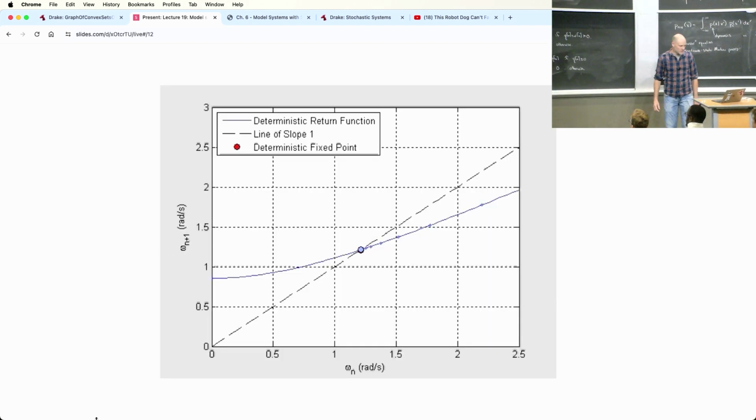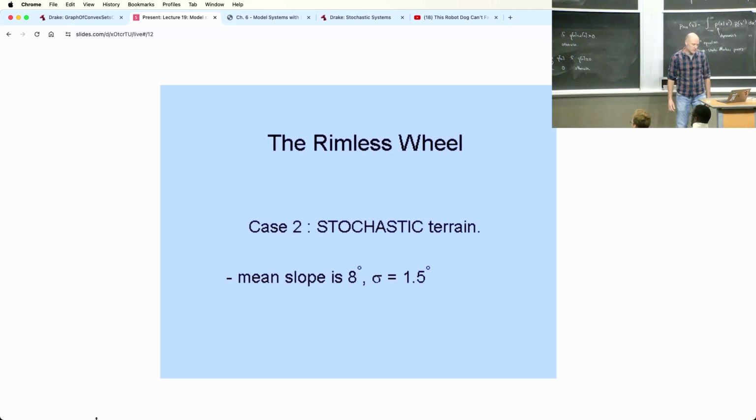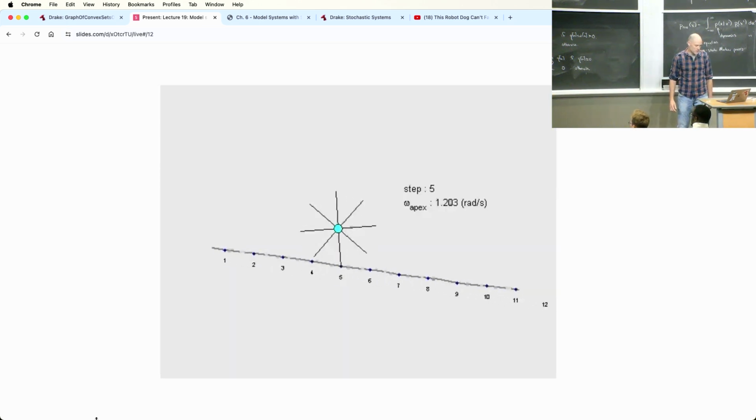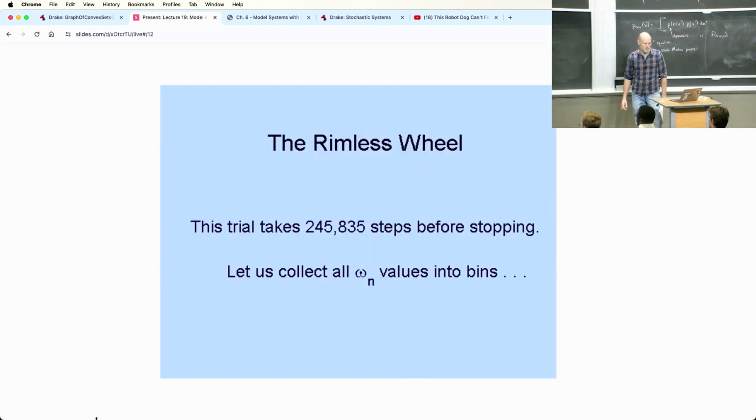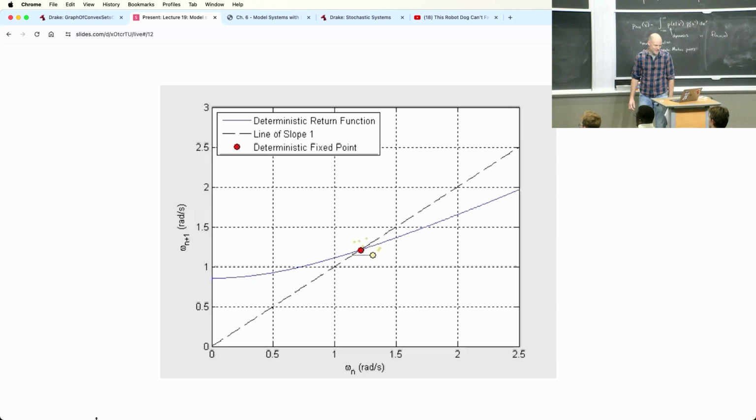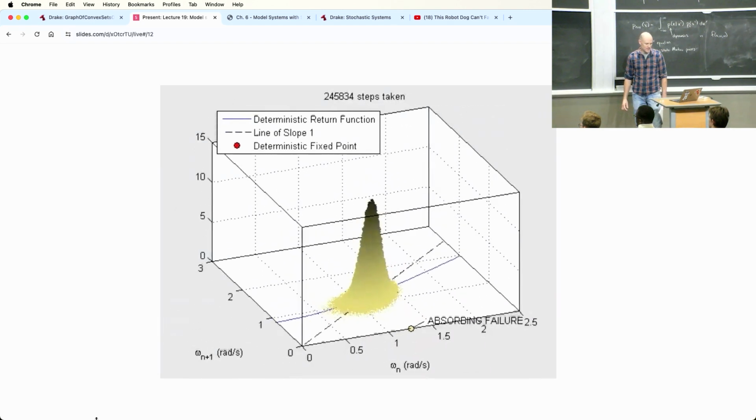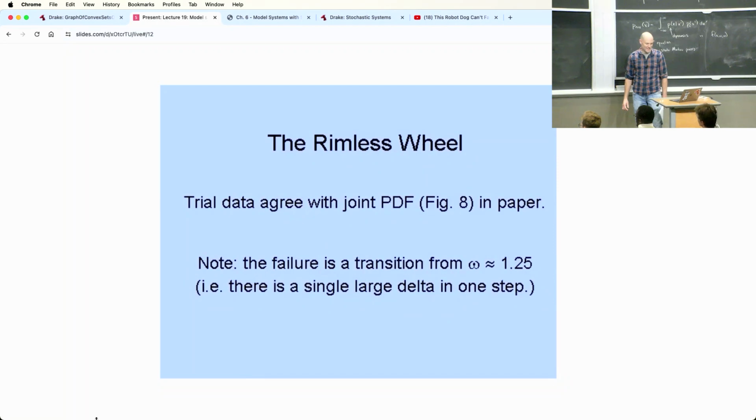this is the deterministic fixed point. Now we do that's mild rough terrain. Okay, it looks like this. That's the distribution, right?